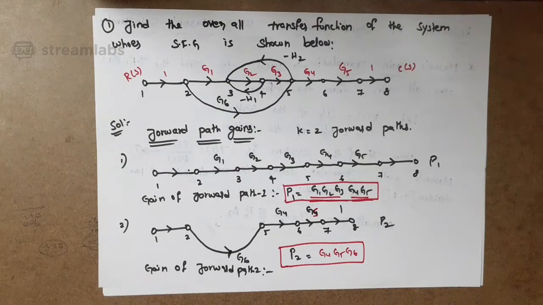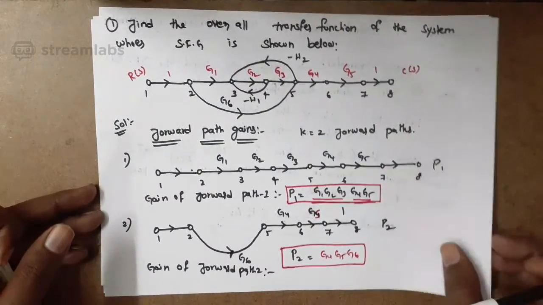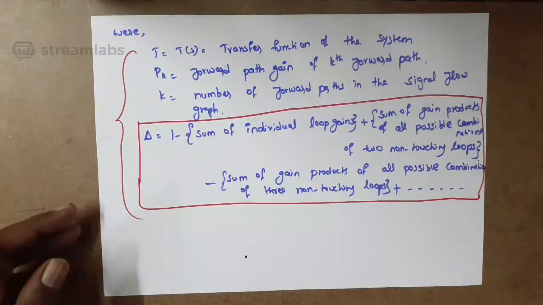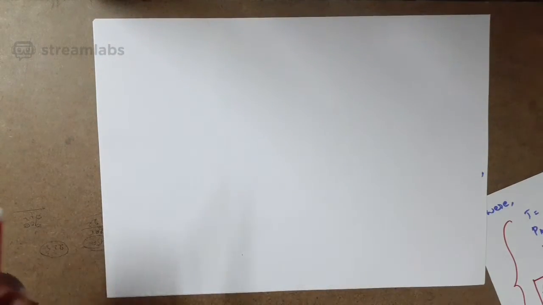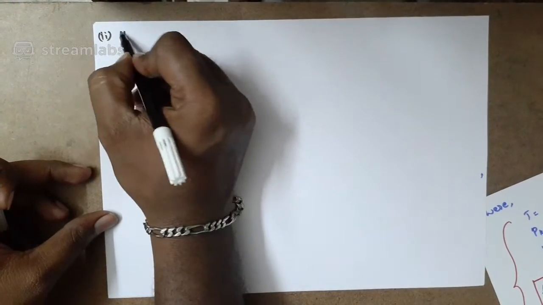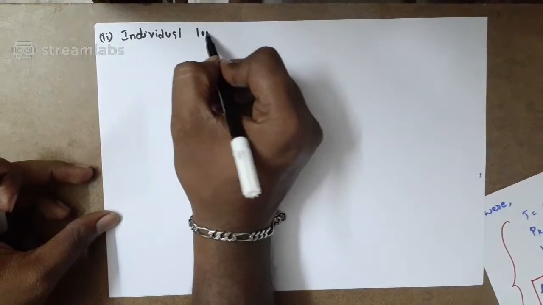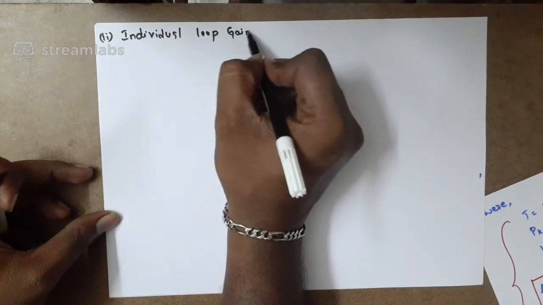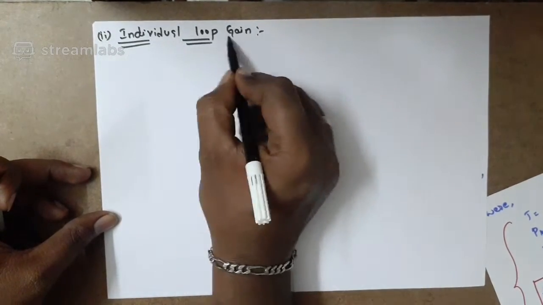And the second step is we are going to find the individual loop gains.